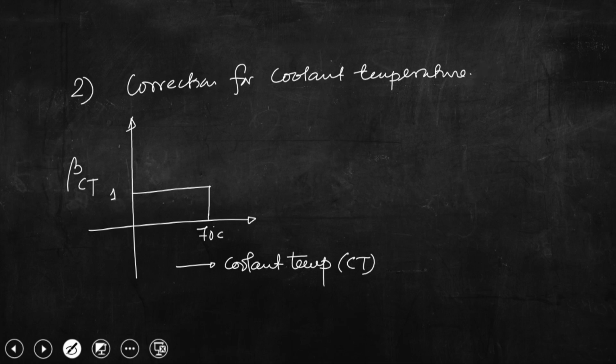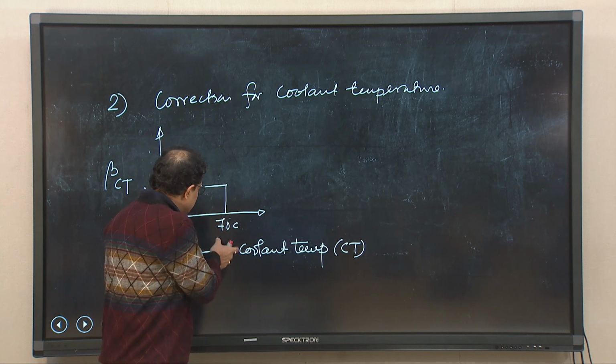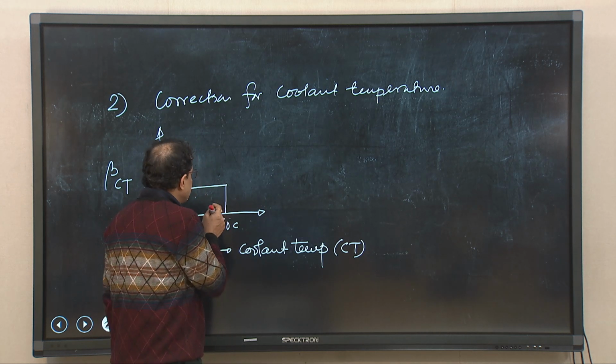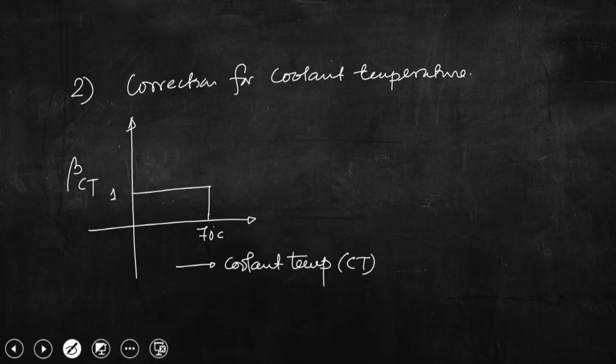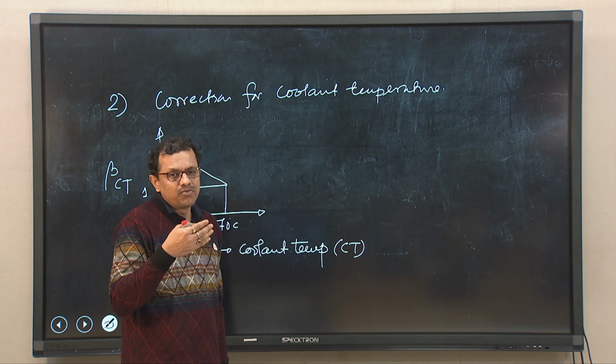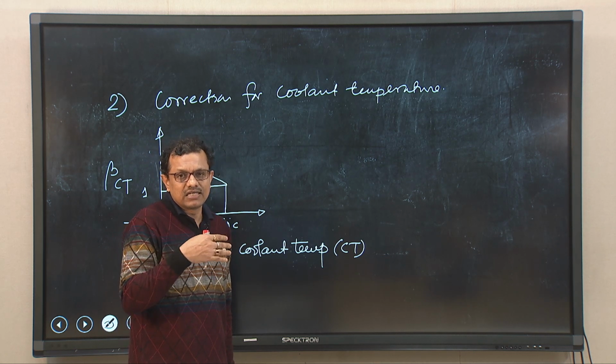Now, the coolant temperature will certainly be higher if engine coolant temperature increases beyond 70 degrees Celsius. 70 degrees Celsius is the coolant temperature, that is engine water temperature, so it is not allowed to have boiling of water in the cooling water jacket.